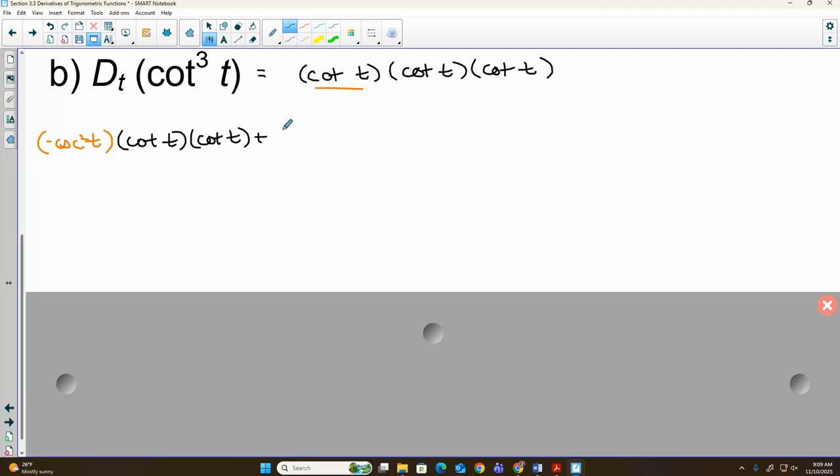Plus, and this one, the first and the last one stay the same. The derivative of the middle one, it's a cotangent, derivative of that is still negative cosecant squared.